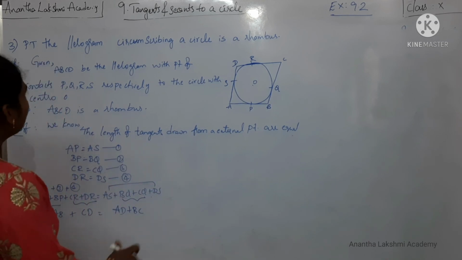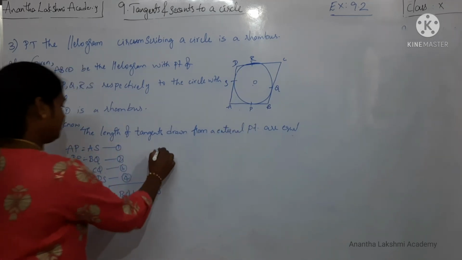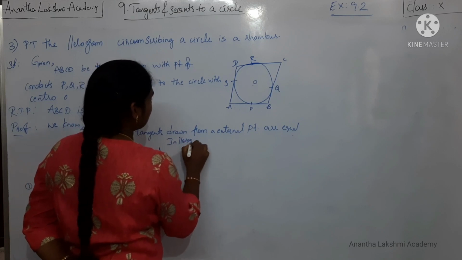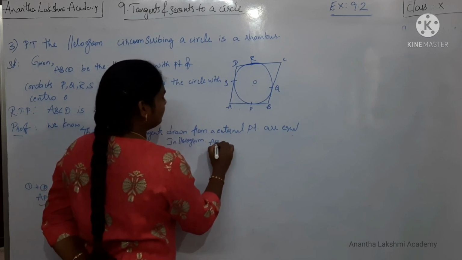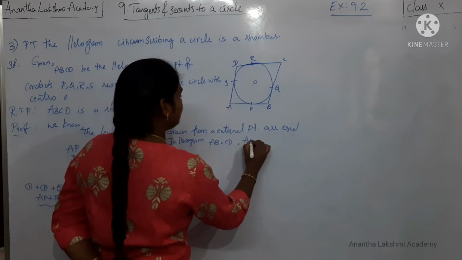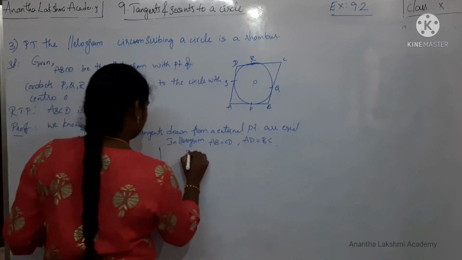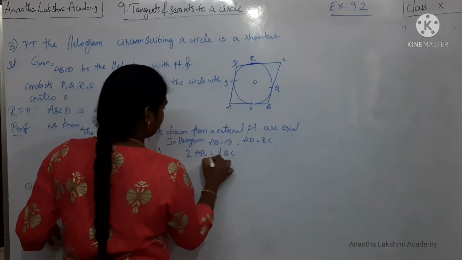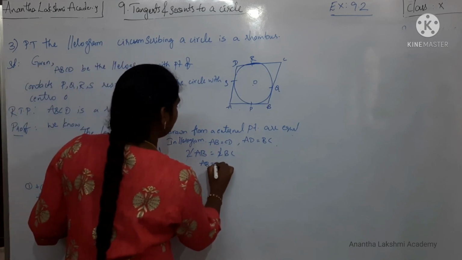Now, given that ABCD is a parallelogram, what happens in a parallelogram? Opposite sides are equal, meaning AB is equal to CD and AD is equal to BC. Now substituting the same, that becomes 2AB is equal to 2BC. 2 gets cancelled. AB is equal to BC.